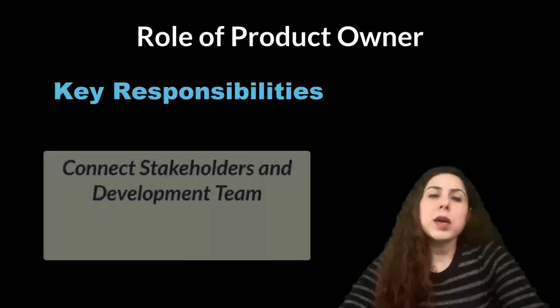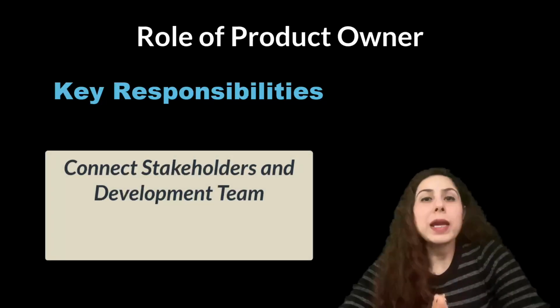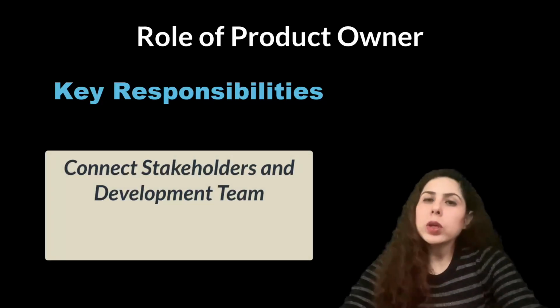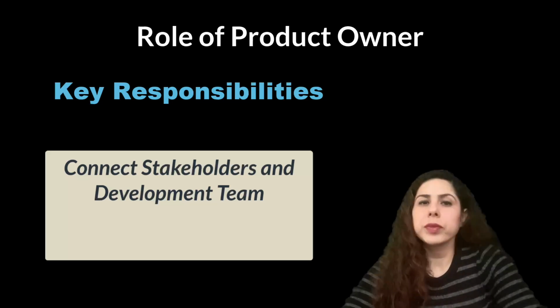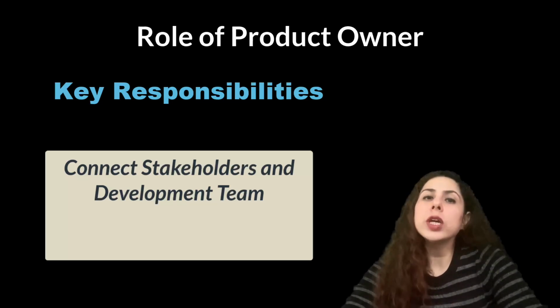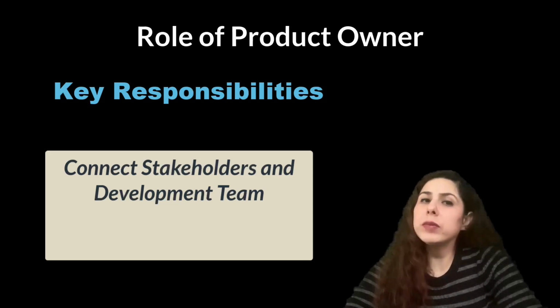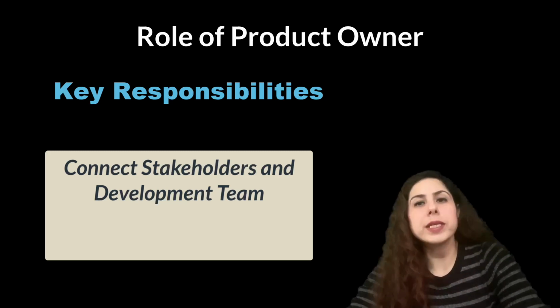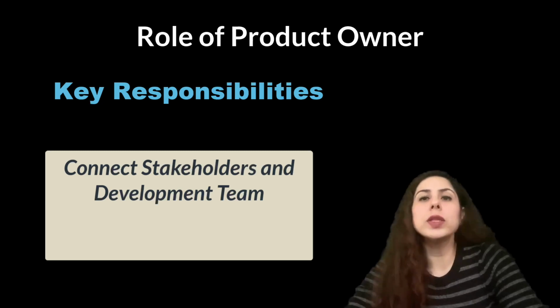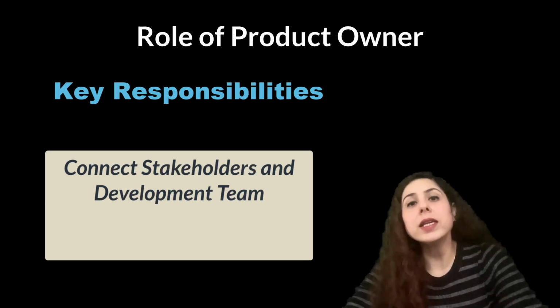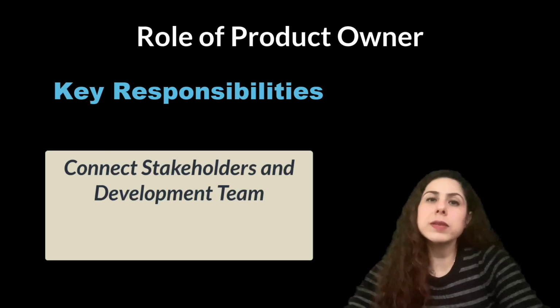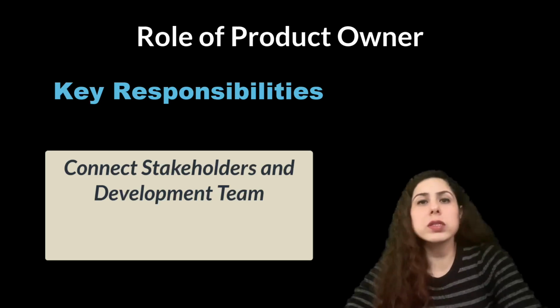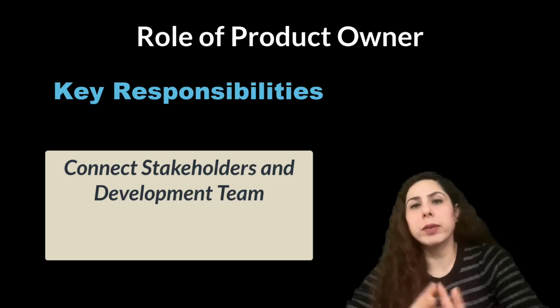Now moving on to the next responsibility, that is product owners act as a primary connection between the stakeholders and the development team. They act as a channel through which the information, requirements, and feedback flow, ensuring effective communication and collaboration. Product owners must maintain a delicate balance between the needs, expectations, and priorities of various stakeholders, including customers, end users, business executives, and the development team.